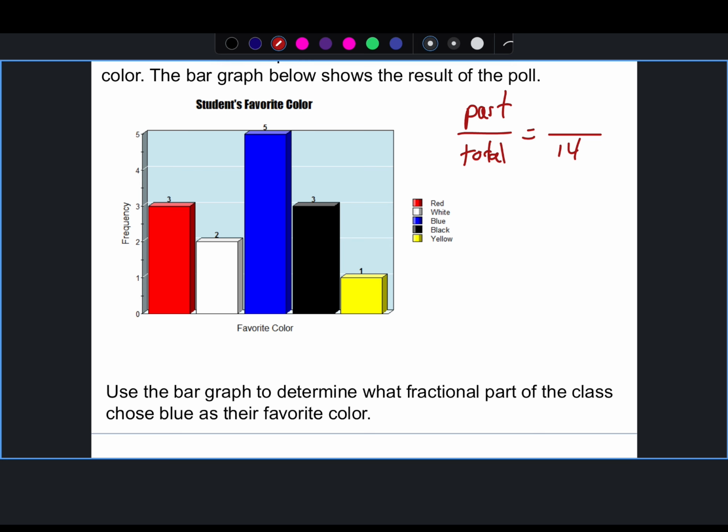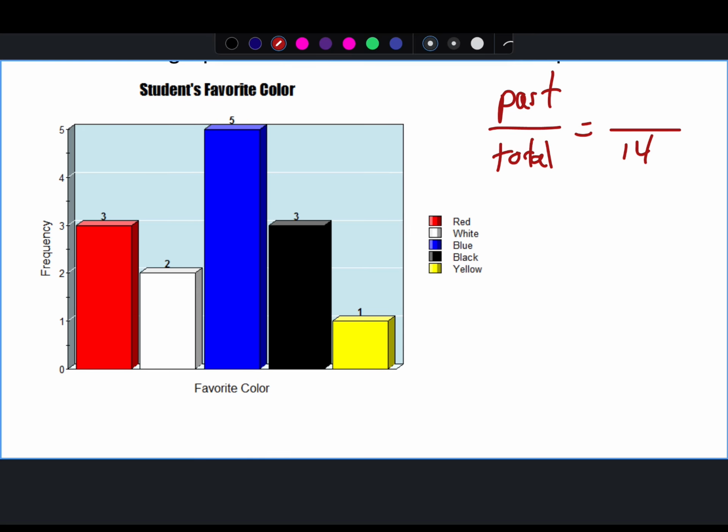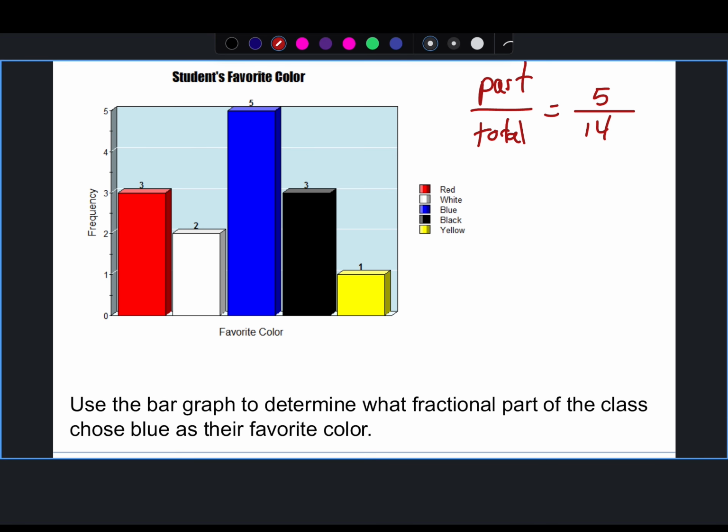So what part chose blue? 5 over 14. And that does not reduce, right? So 5/14 of the students chose blue as their favorite color.